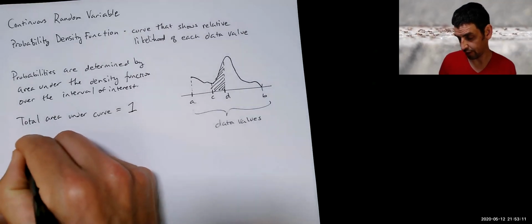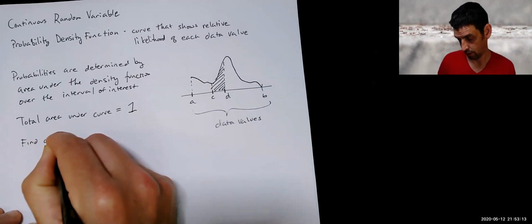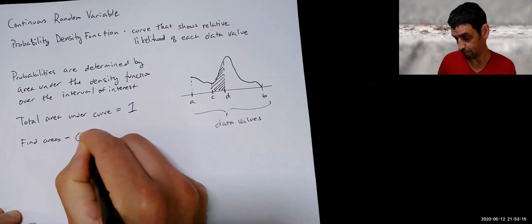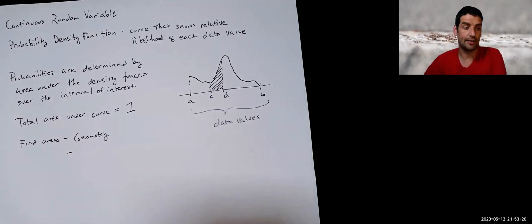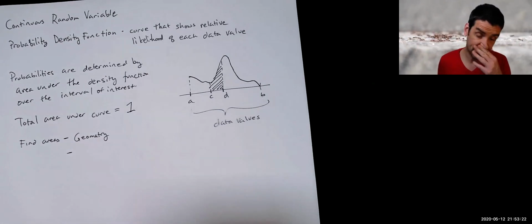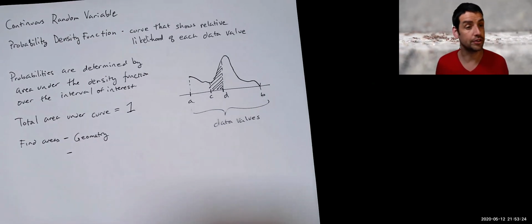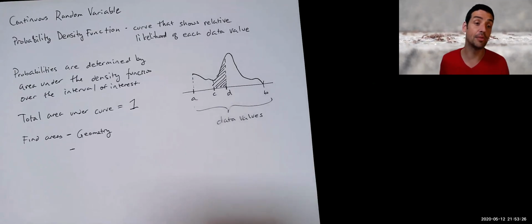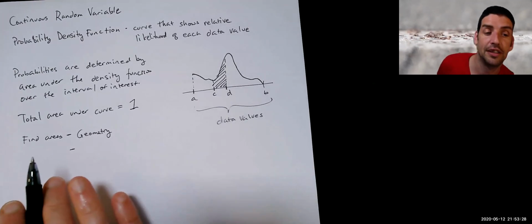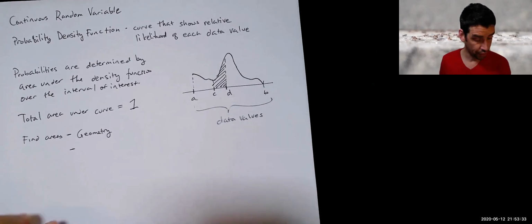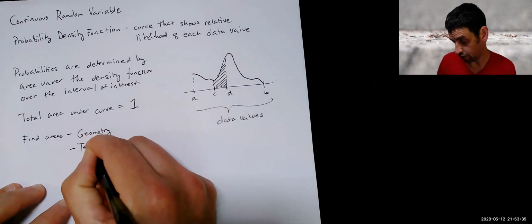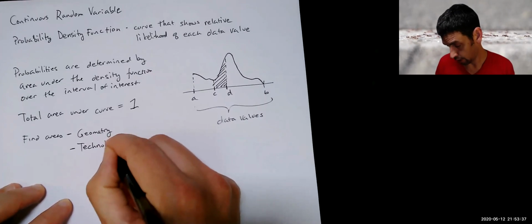If you take a more advanced course, you might have to learn some calculus in probability to find these kinds of areas. But we're not going to do that in any of these videos. What we will use instead is technology.